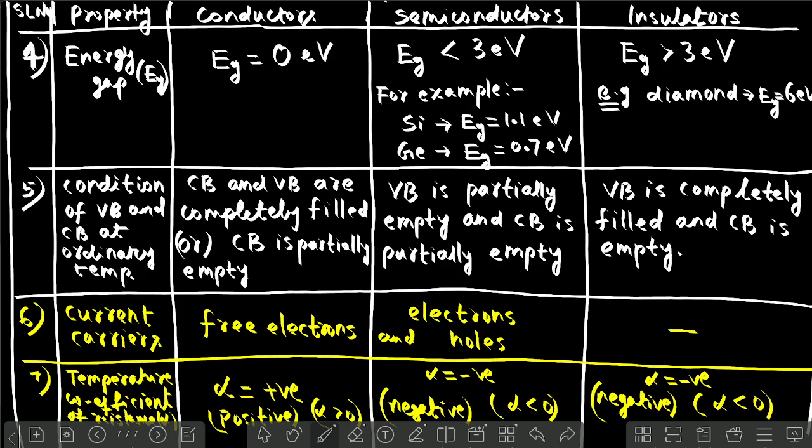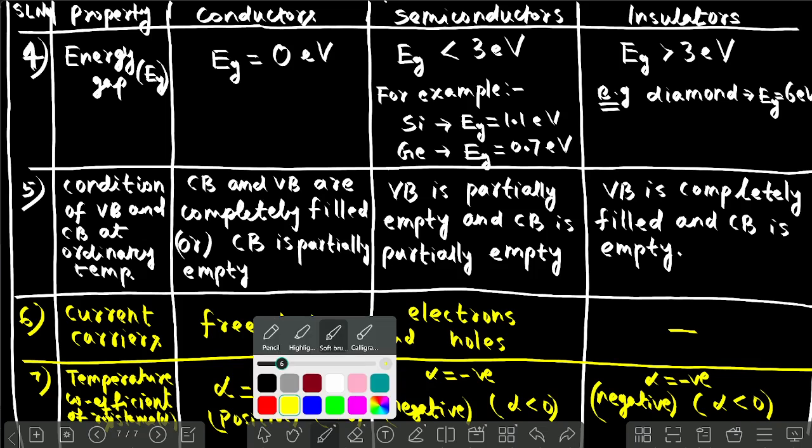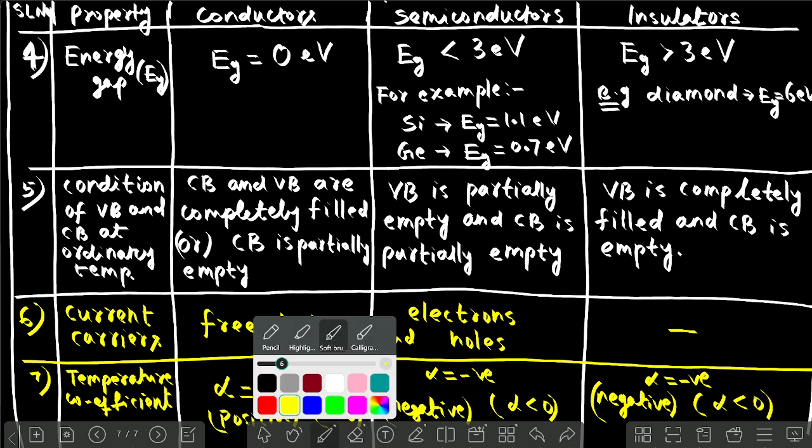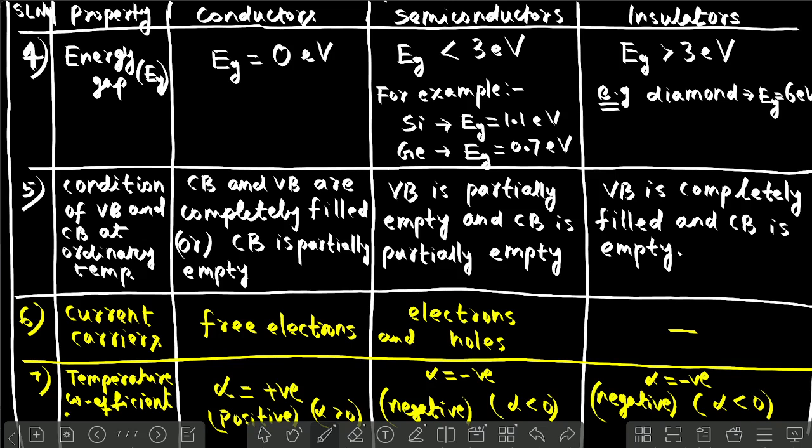Coefficient of resistance. This seventh point, what is written? Again, I am writing coefficient of resistance, or the symbol given is alpha. Temperature coefficient of resistance.